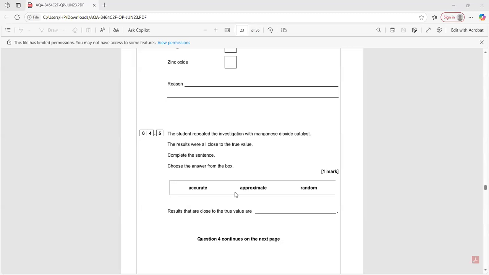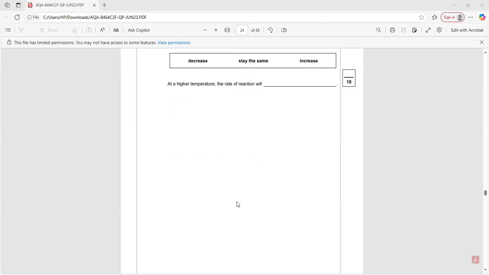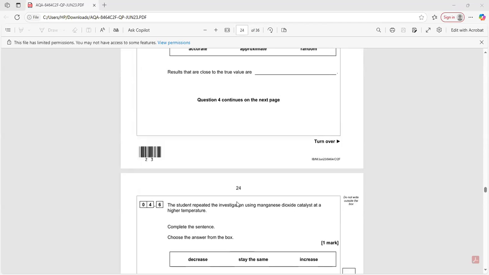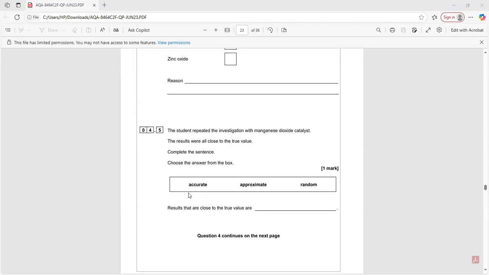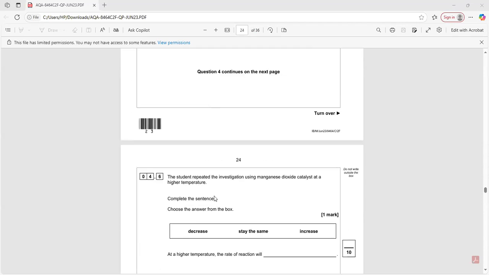Or, okay, since they are close, we should go with approximate. Accurate. Yeah. Did you say accurate? They're as close to the true value as possible, right? Yes. Okay, no problem. We can go with accurate then.